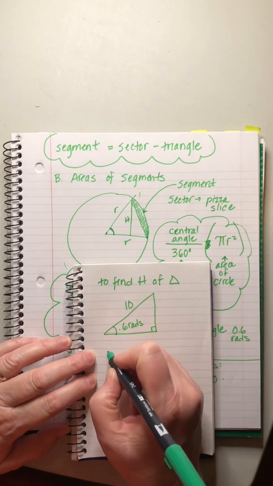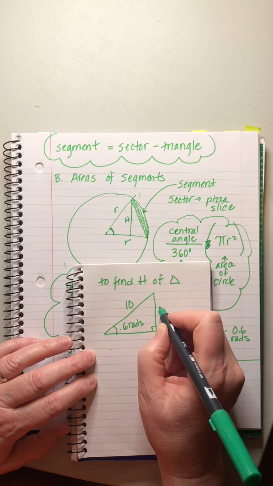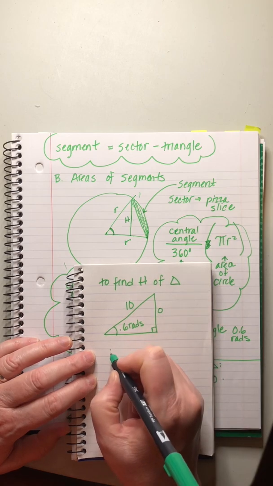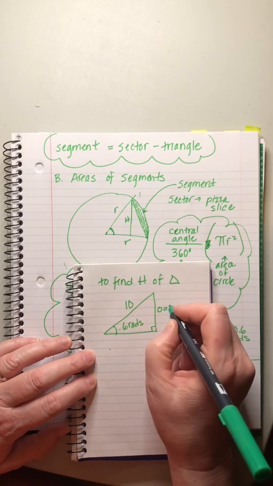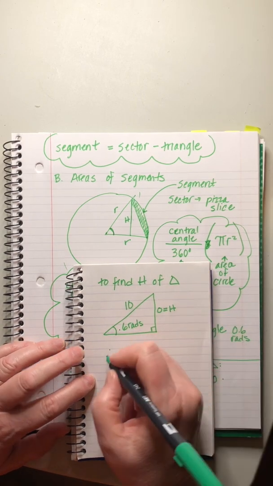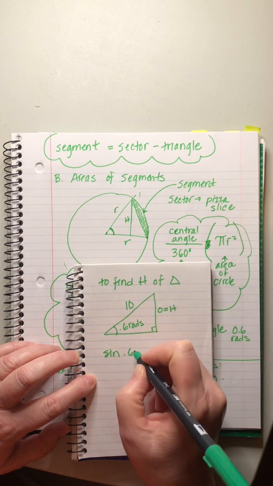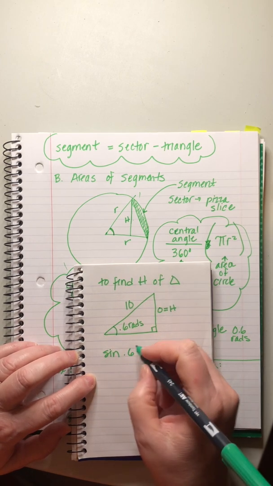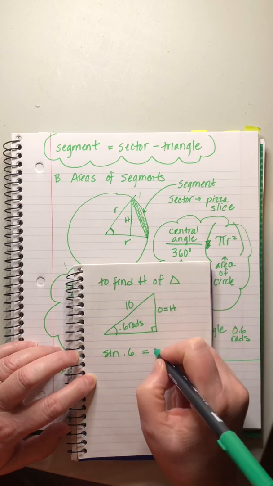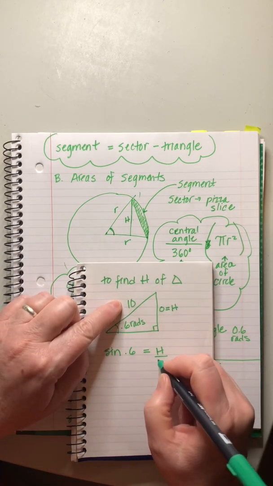So the sine, because we want this side, the opposite, which we're going to call the height of our triangle, not the hypotenuse, but the height. If we take the sine of 0.6 rads, that will be equal to the opposite over the hypotenuse, which is 10.